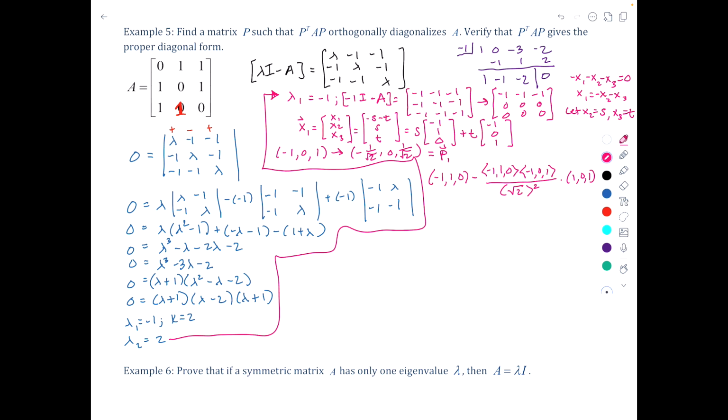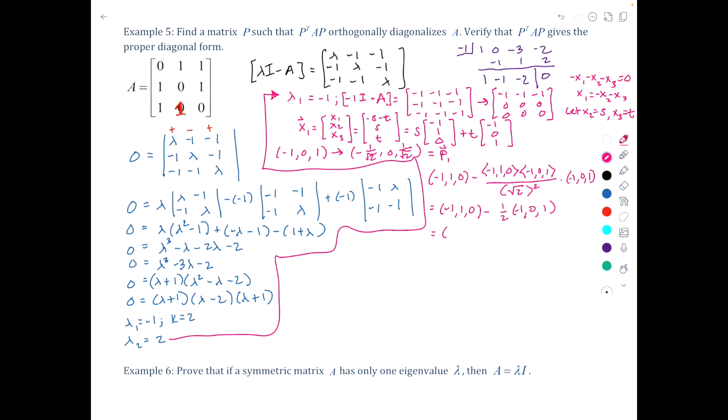And so that will be equal to negative 1, 1, 0 minus, we'll have 1 plus 0 plus 0, and so that'll just be 1/2 times 1, 0, 1, which will be negative 1 minus 1/2 is 3/2. Oh, I'm sorry, I missed a negative in this one here.